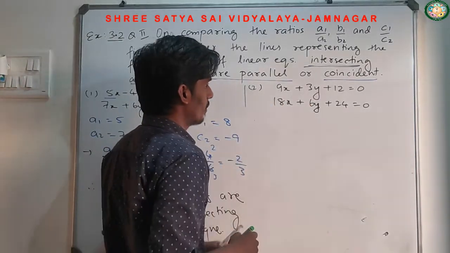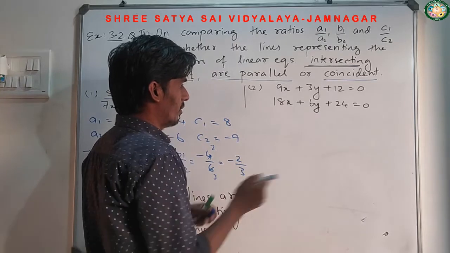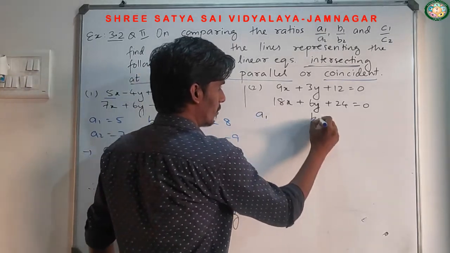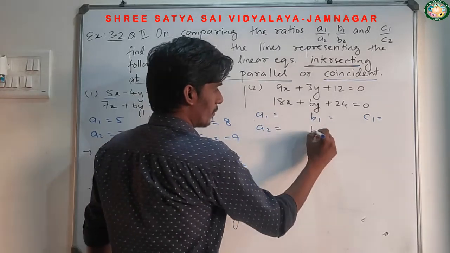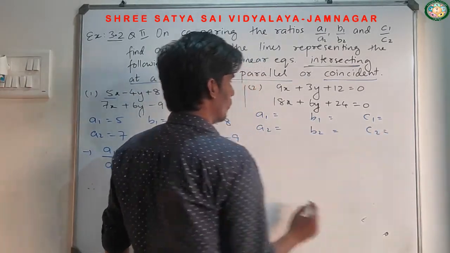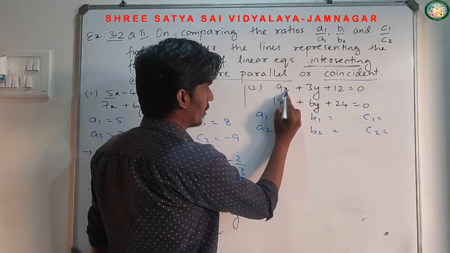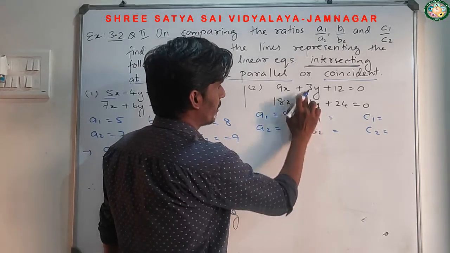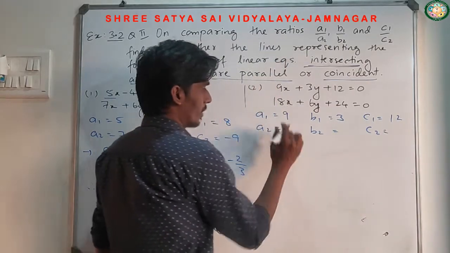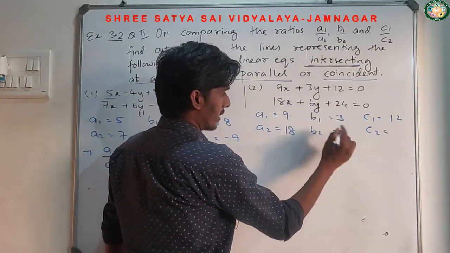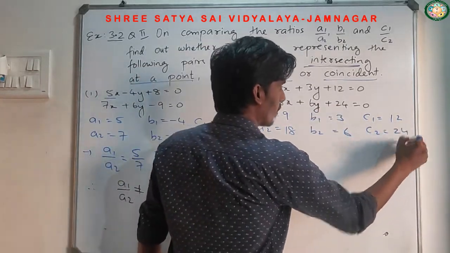Second, so again let's find out a1, b1, c1, a2, b2 and c2. The value of a1, coefficient of x, is 9. b1 is 3. c1 is 12. 18, 6 and 24.